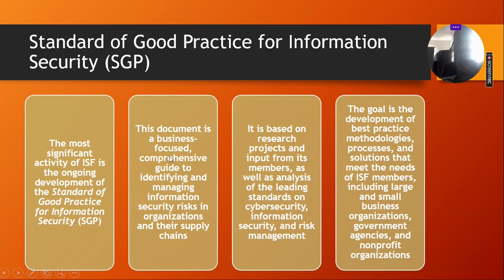The second is that it is business focused and comprehensive enough to guide identifying and managing information security risk in organizations and their supply chains. After they formulate these guidelines, they should be business focused in identifying and managing any information security risk on a system.